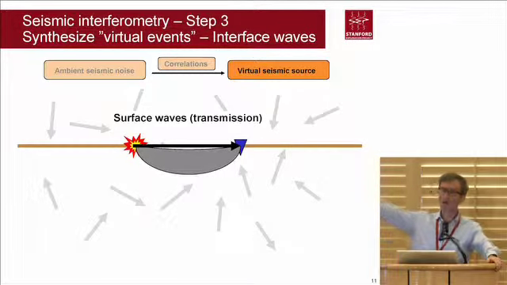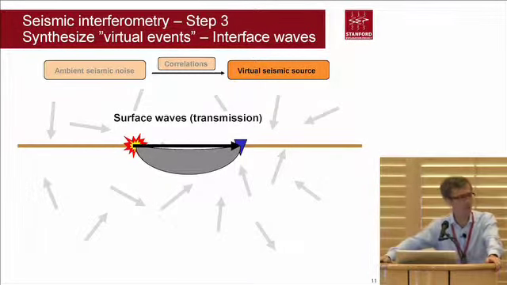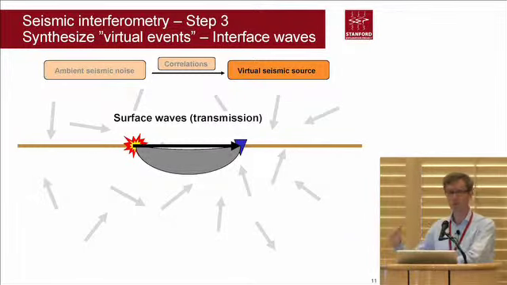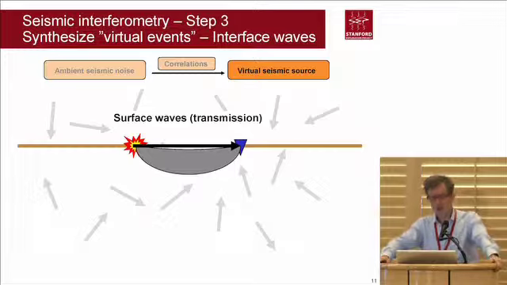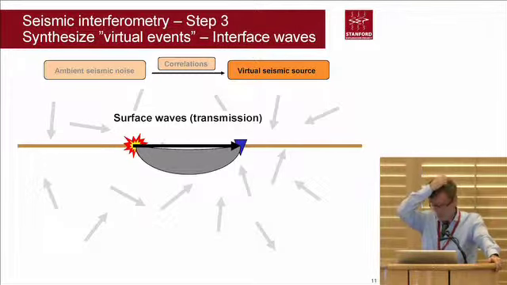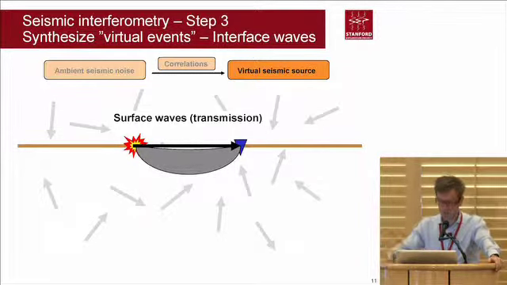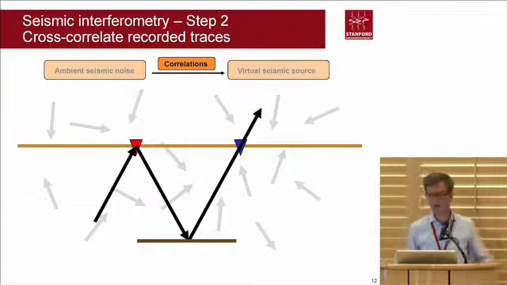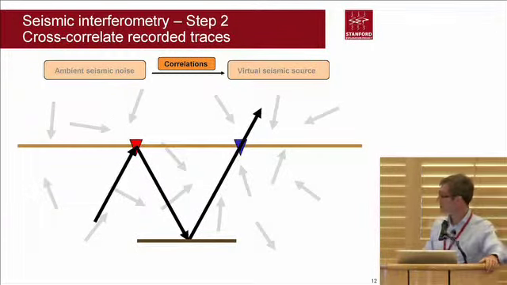If that wave is traveling at the surface or at an interface, maybe the interface between the ocean bottom and the ocean itself, so it will be either surface waves or interface waves, what we measure is the seismic waves as if we had a source at the leftmost receiver. That is for surface waves. There is another important set of waves traveling in the Earth that we call body waves, which generate a reflection.